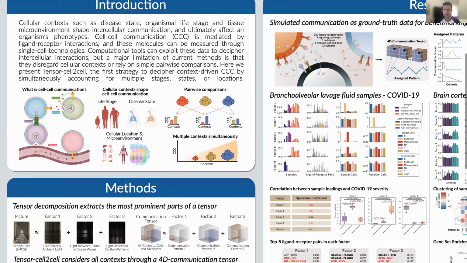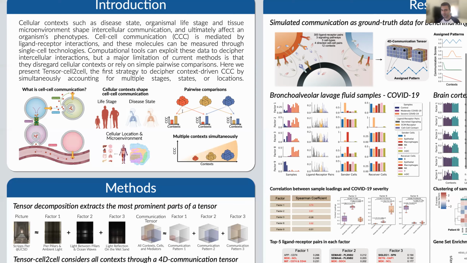Usually they infer the cell-cell communication for a given context, that could be a sample, and they perform that for each of the contexts or samples we have. And at the end, they perform pairwise comparisons between two contexts. So we can have an idea of the changes that communication could have from one condition to another, but we only summarize this information in this pairwise comparison.